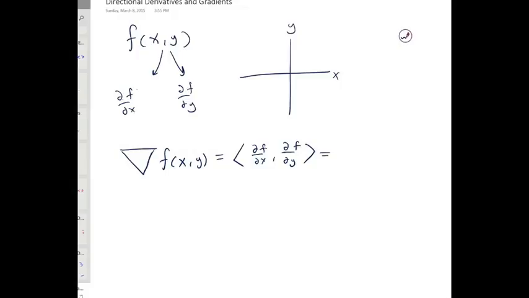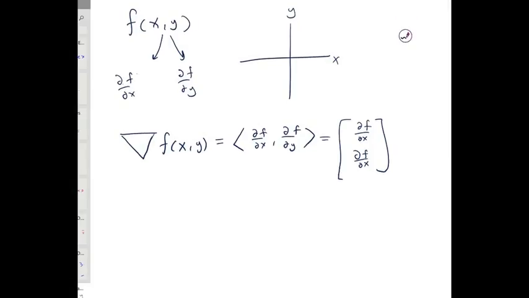And if you want to write it in this form, it's like a column matrix, I guess. I don't know how your professor does it, but those are the two ways you can write it. It means the same thing. You can write it as this, using the alternate notation.